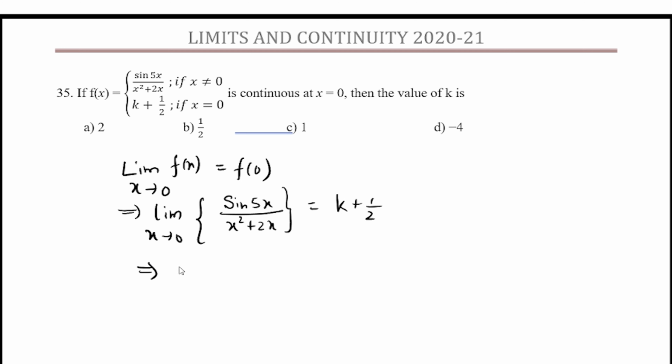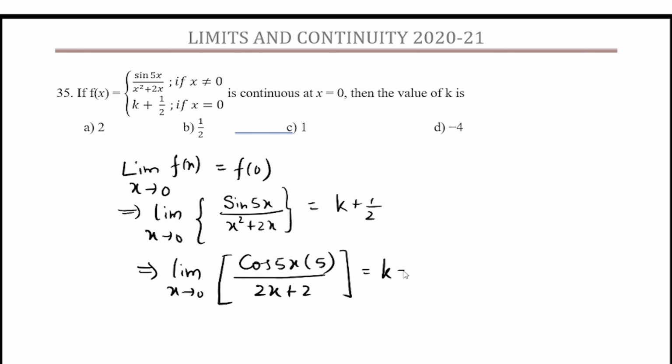Now simplify the limit. So apply L'Hospital rule, easy method, shortcut method. Differentiate numerator and denominator separately. Derivative of sin 5x is cos 5x into 5 divided by derivative of x square is 2x plus derivative of 2x is 2, is equal to k plus 1 by 2. Put x equal to 0. 5 into cos of 5 into 0, that is cos 0, divided by 2 into 0 plus 2, is equal to k plus 1 by 2.